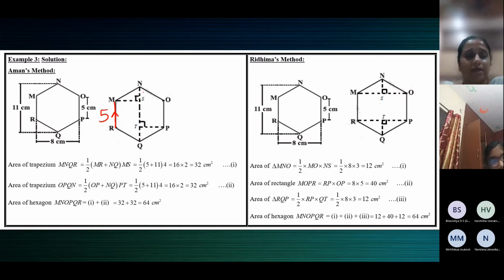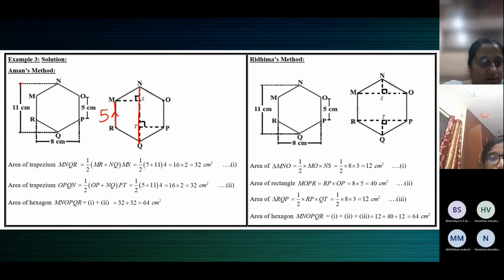What's the length of NQ? NQ, you can see it outside here. This one is 11. From this point to this point, it's marked. So that means this one is 11.